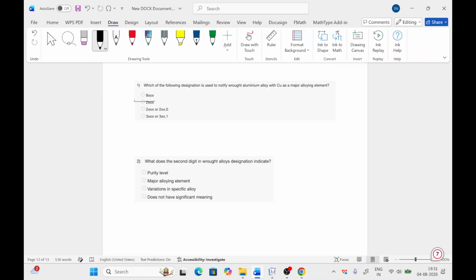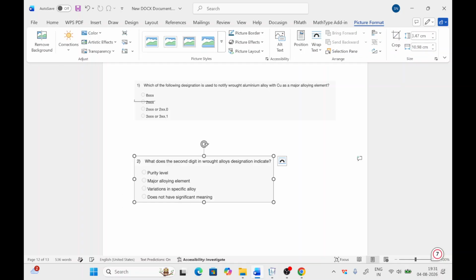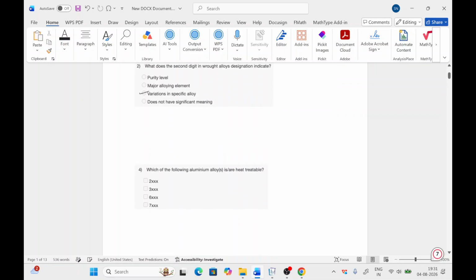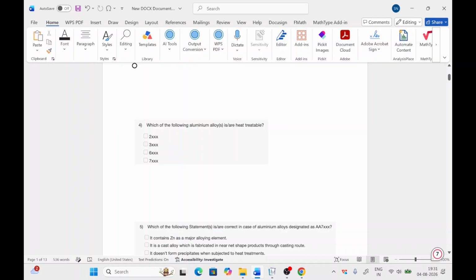And B option. Next question is, what does the second digit in wrought alloy designation indicate? It represents variation in specific alloy. C option is correct. Next question is, which of the following aluminum alloys are heat treatable?